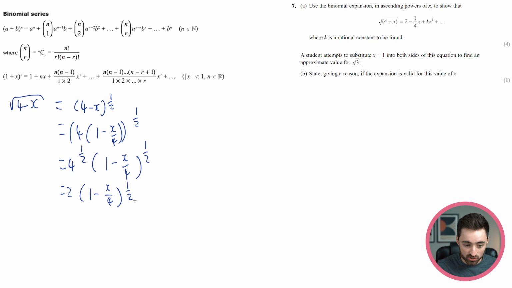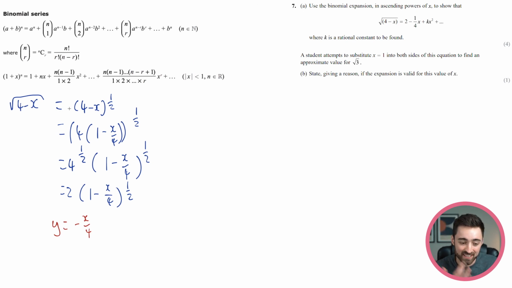Okay, so are we now in the position where we can use this? We are. And you might be thinking, wait a minute, that's not an x. But it is if you just consider this to be a new variable, right? So like I could literally say, why don't I define y as minus x over 4? Then I would have (1 plus y) to the n, wouldn't I?